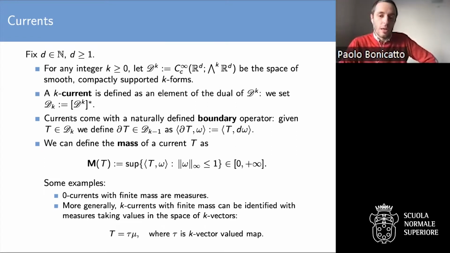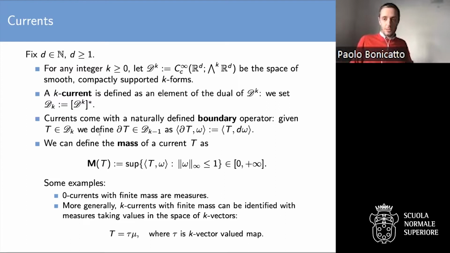On the one hand, we have the boundary operator, which comes naturally defined as the adjoint of the exterior differential, and you can check that if you start from a k-current, it gives you a (k-1)-current. With this analogy with surfaces, the boundary really stands for the boundary of the surface.